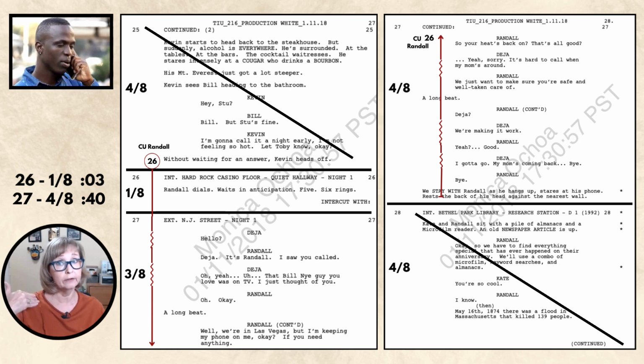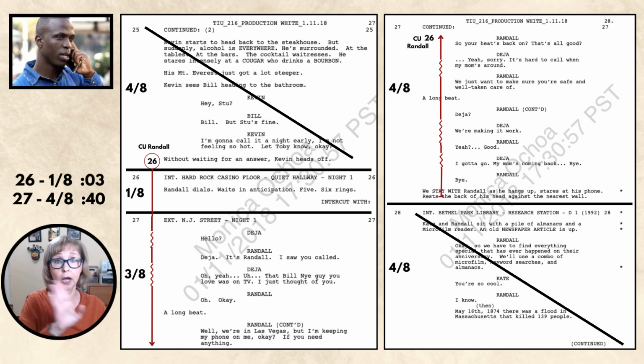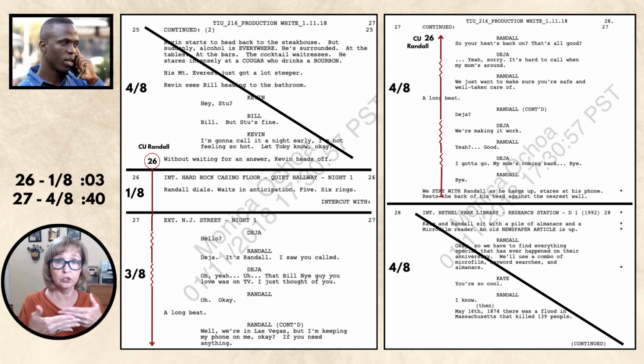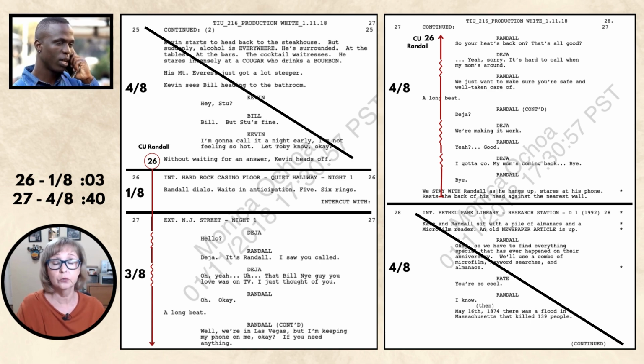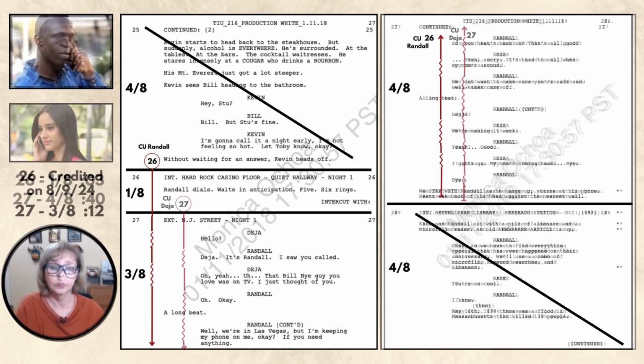Or you want to advise the director, well, Randall was looking camera right in this scene, so we have to make sure she's looking the opposite direction, because you want to make sure that they're kind of looking at each other, right? So that's screen direction, which we'll go over in another video. But this is one thing you have to make sure of. You want to make sure what direction they're looking at, so that you know what you're going to be matching in the next scene.